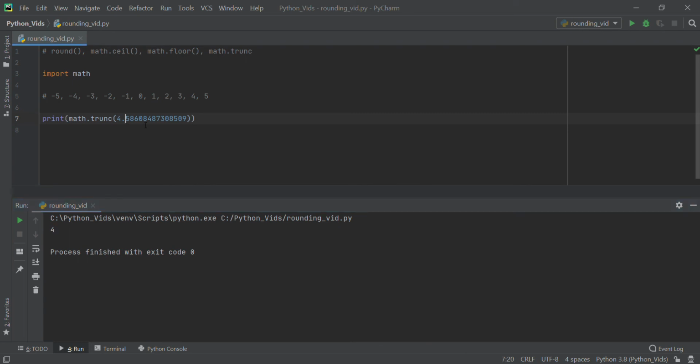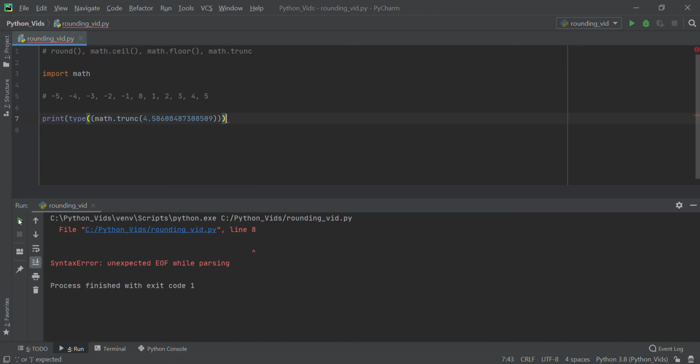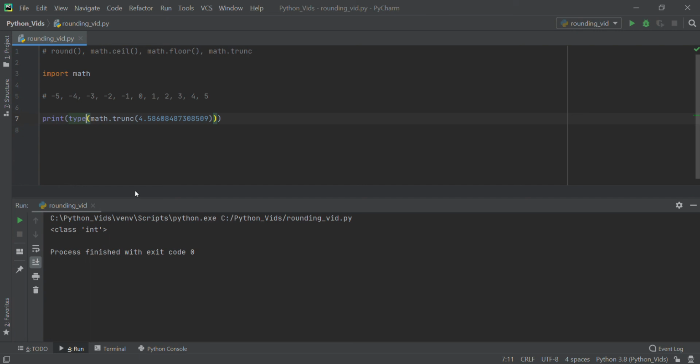So you have 4 point all these numbers, chops them all off, and just to show you, let's print the type. And it's an integer. So that number that we just saw is indeed an integer. It truncates all of these numbers and gives you the integer 4.